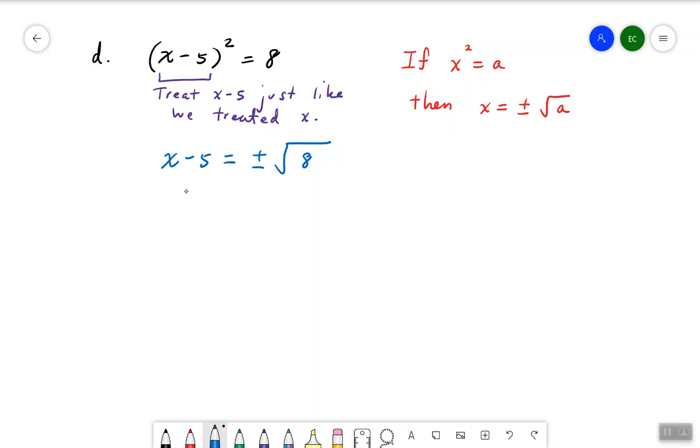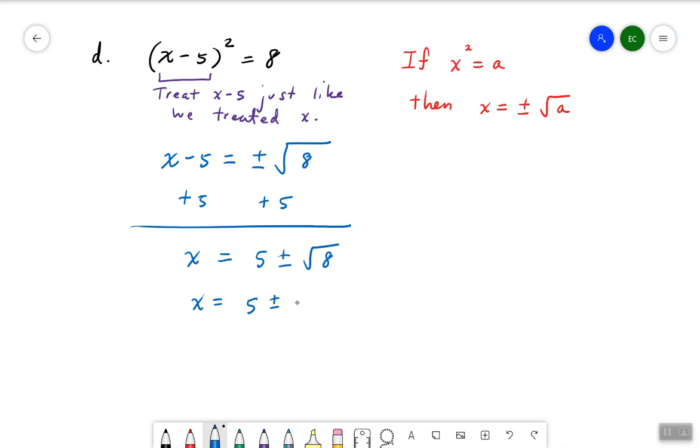If we want to solve for x, now we're going to add 5 to both sides. And so x is equal to, usually we write the 5 first and then the plus or minus square root of 8 afterward. And then there's one more thing to do, which is to remember to simplify the square root of 8. You could make a factor tree, or you could recognize that 8 is the same as 4 times 2.